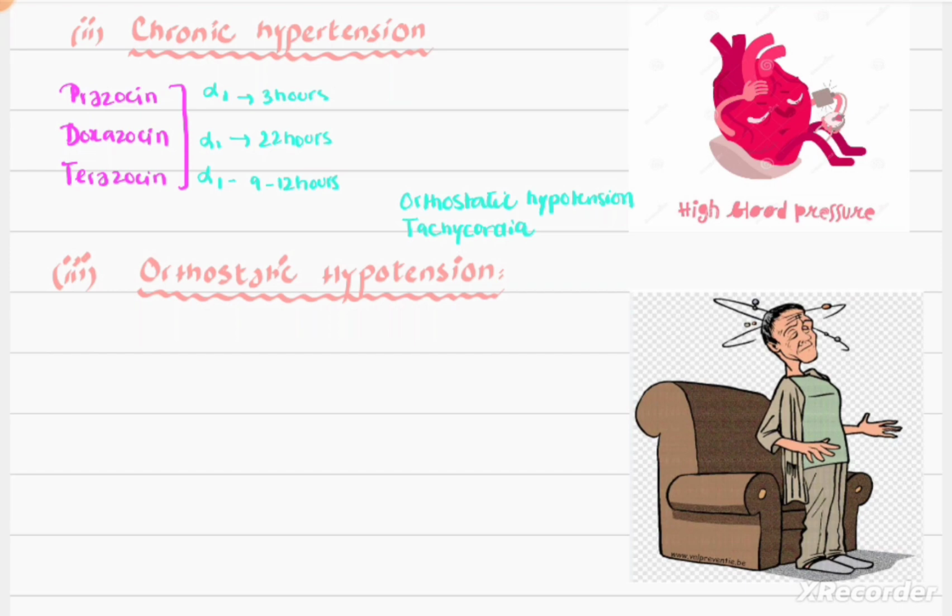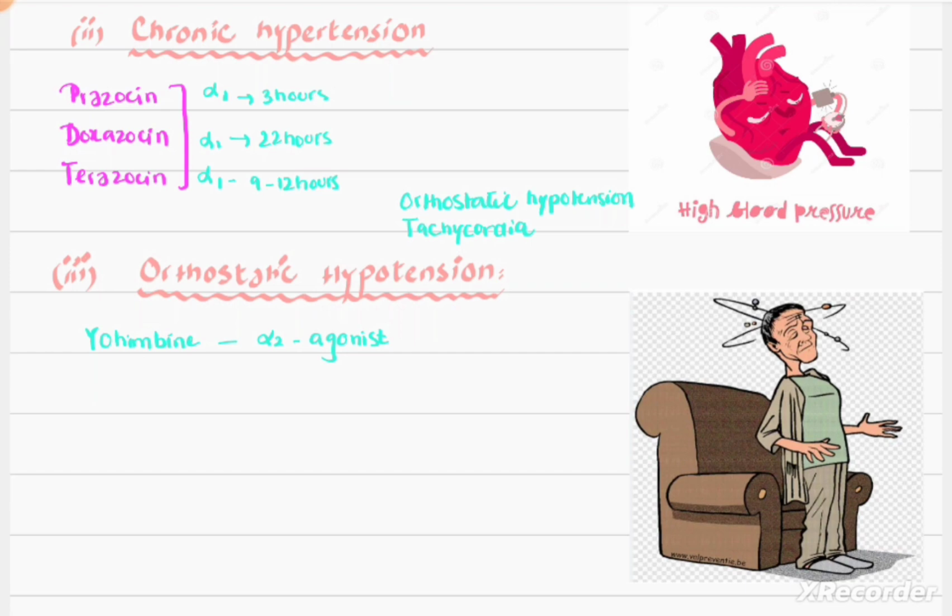There is a drug which is called yohimbine, which is an alpha 2 antagonist, and it has been used in the past for the treatment of orthostatic hypotension. Orthostatic hypotension occurs when the vessels in the body of the patient are very dilated, and due to this dilation, the blood pools into the peripheries.